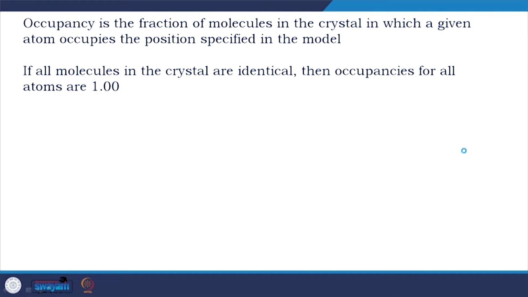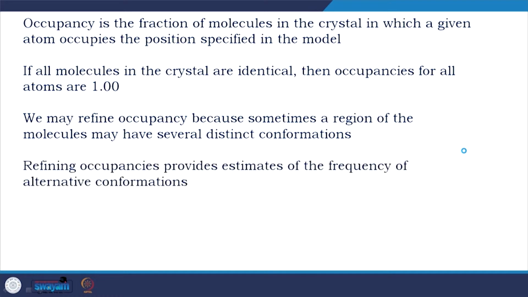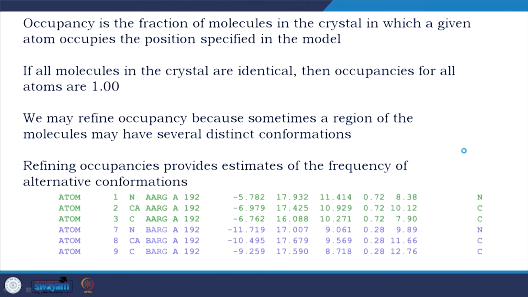If all molecules in the crystal are identical, then occupancies for all atoms are 1.00. We may refine occupancy because sometimes a region of the molecule may have several distinct conformations. Refining occupancies provides an estimate of the frequency of alternative conformations.